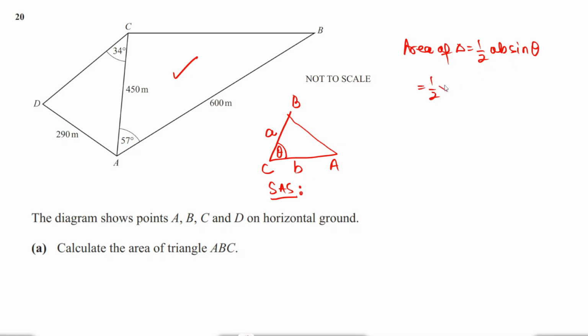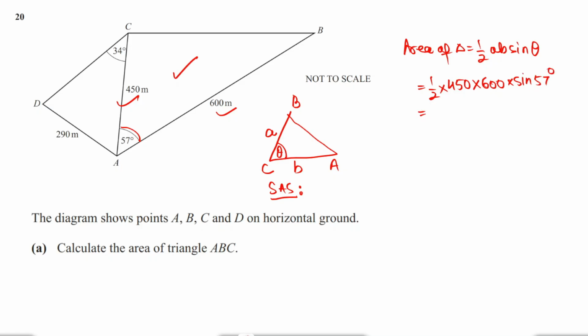So this is the angle surrounded by these two sides: half A B, this is A, this is B, and this is theta. So this would be sine 57 degrees.